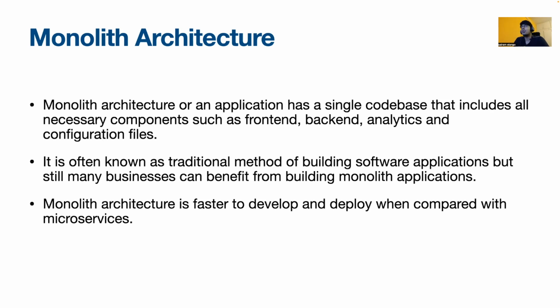So basically, monolithic architecture has a single code base that includes all necessary components such as your front end, back end, analytics and configuration terms. Even though it is a traditional approach, many businesses can still benefit from monolithic architecture. One of the key advantages of building a monolithic software architecture is that it is faster to develop and deploy when compared with microservices.